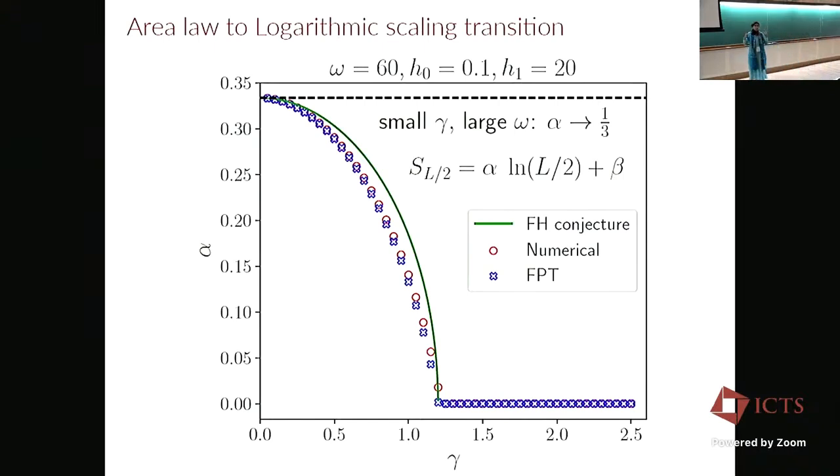As you are lowering your frequency, the time period is high, so the system is getting more time to adjust with the drive, and the Floquet Hamiltonian will become more and more non-local in the low frequency regime. So can we get a subsystem size dependent volume law there? Though the volume law will not be present in the thermodynamic limit because of this infinitesimal dissipation present here, can we get some finite size effect there?